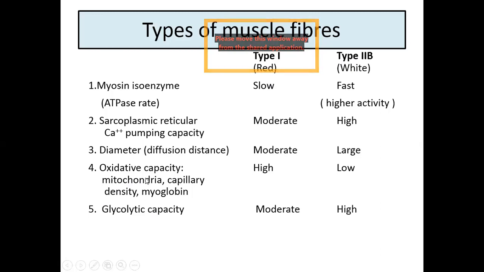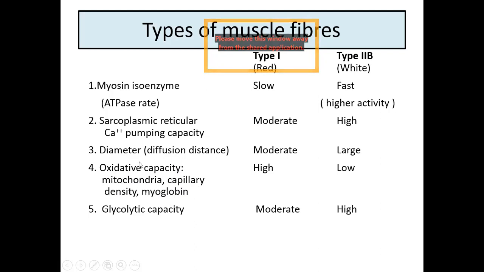In addition to the oxidative capacity, type 1 has a lot of mitochondria, a lot of capillary density, more blood flow, and a large amount of myoglobin. It is fair enough, because we require mitochondria where the oxidative phosphorylation enzymes are present. We need oxygen, so we need more blood flow, and we have a storehouse for oxygen in the skeletal muscle, that is myoglobin.